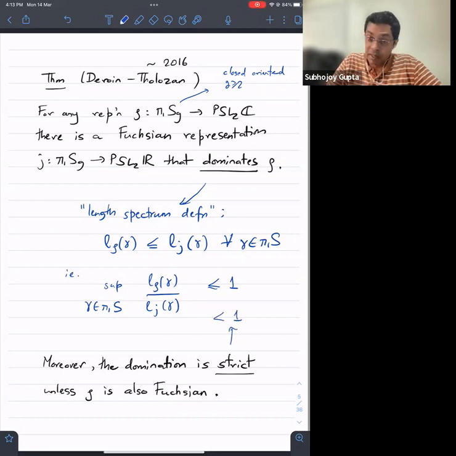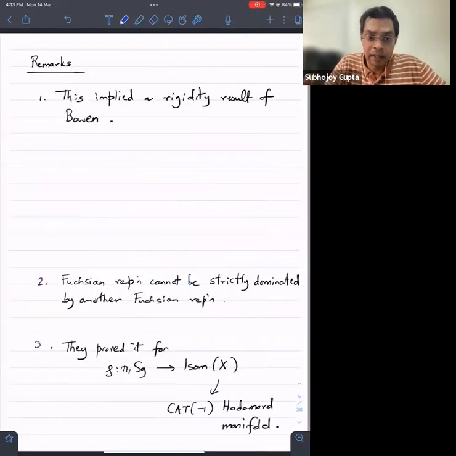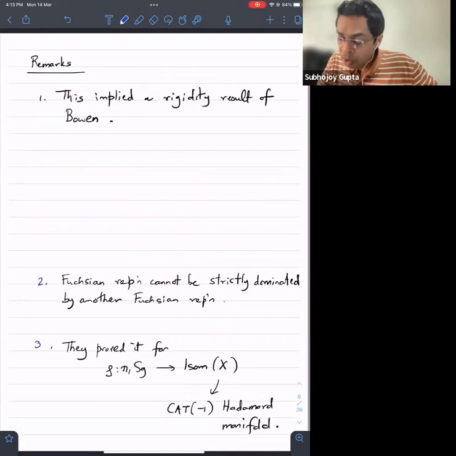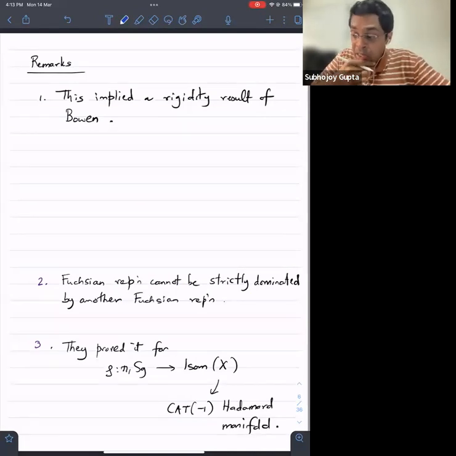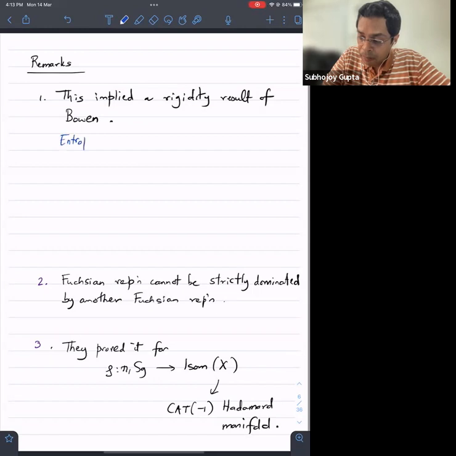So there's a uniform factor by which the curves in this new Fuchsian representation are strictly greater. Together, this implied a rigidity result, a famous result of Bowen. Let me recall that briefly, because it might be of interest to this random geometry crowd.